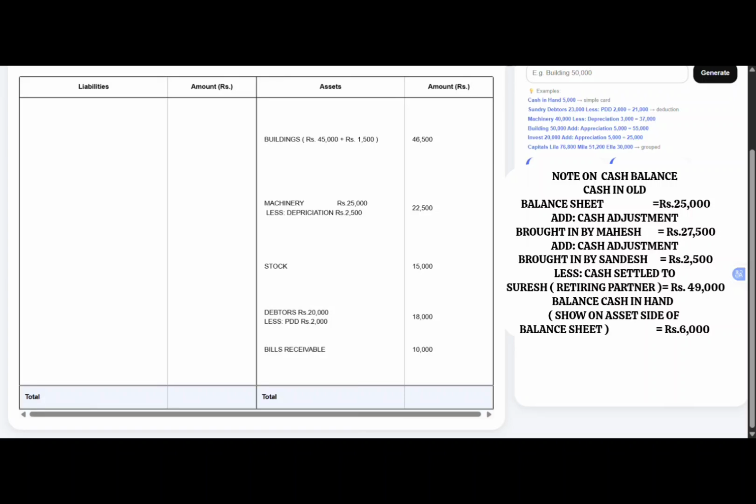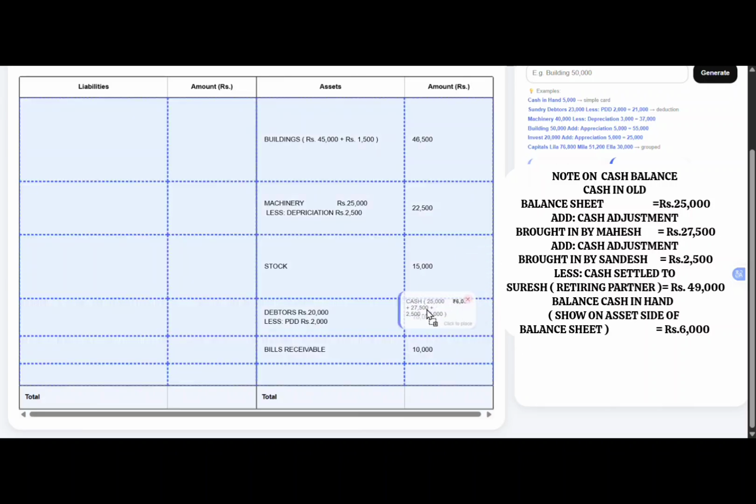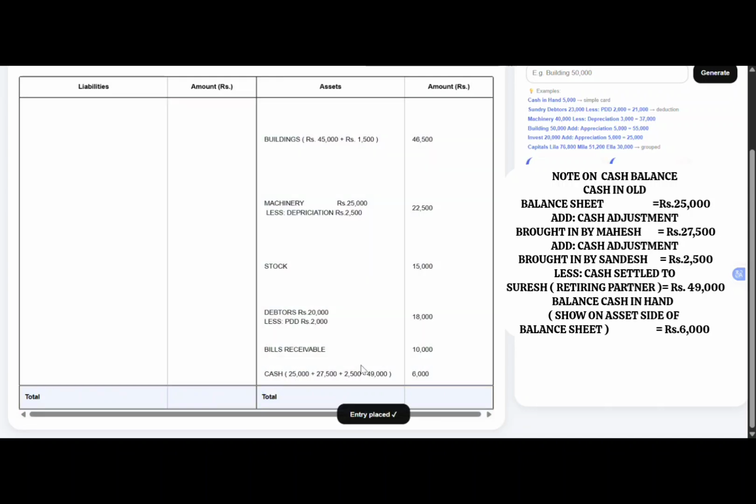So the actual value of cash now after all the changes is, that is 25,000 is the value of cash which is given in the old balance sheet. To that, the deficit amount is being brought in by the continuing partners, 27,500 by Mahesh and 2,500 by Sandesh, should be added.